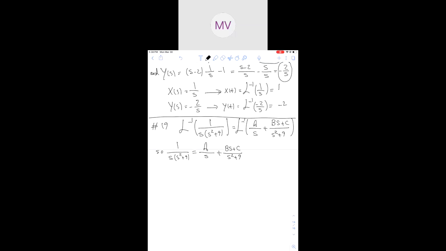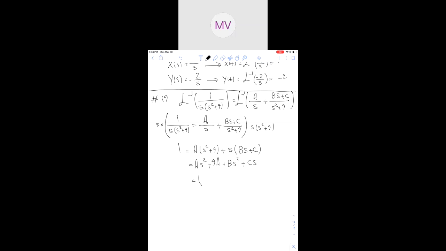You multiply both sides by the common denominator, s times s squared plus 9. On the left side you get 1, and on this side you get a times s squared plus 9, plus s times bs plus c. So you get a s squared plus 9a plus b s squared plus cs.